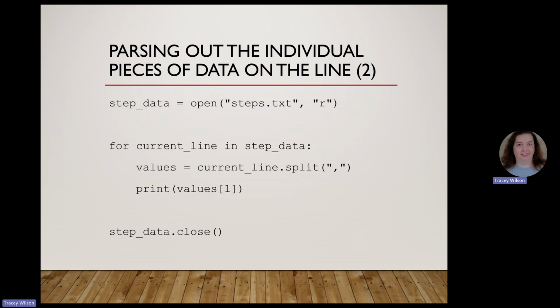So basically, that would take a whole file worth of information, and it would print out everything in the second column of the file. This is important because your project coming up, you're going to have to sort temperatures out of the file.